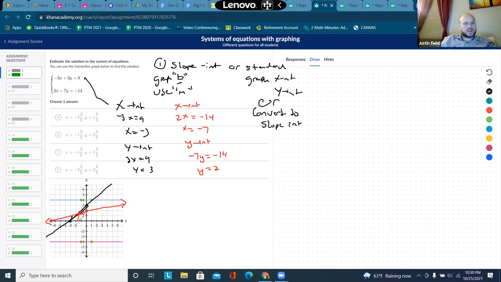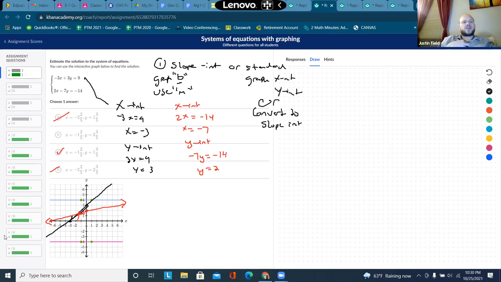And so what choices do I have? It's less than -2, but greater than -1. So it's not that. It's not that. It's one of these two. And then the y value where they intersect is greater than 1, but less than 2. So it's got to be this.